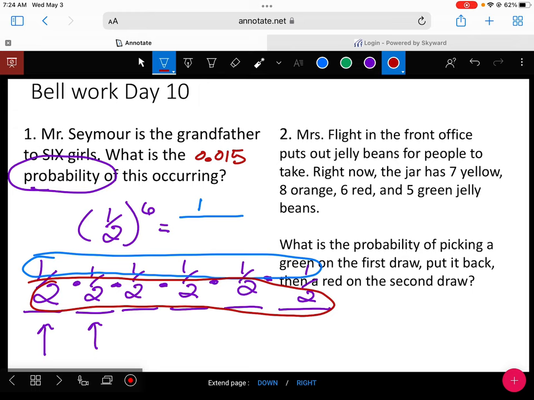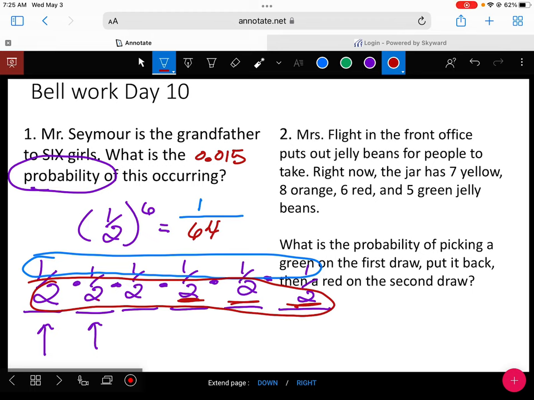All right, let's do it this way then. What is 2 times 2? 4. Times 2? 8. Times 2? 16. Times 2? 32. Times 2? 64. So as a probability, it would be 1 out of 64.